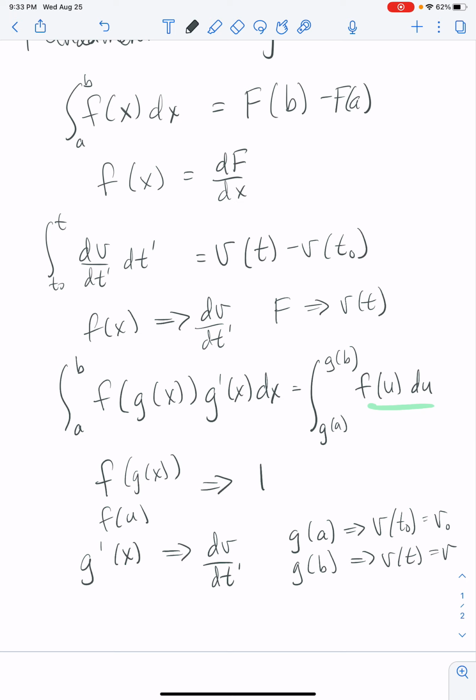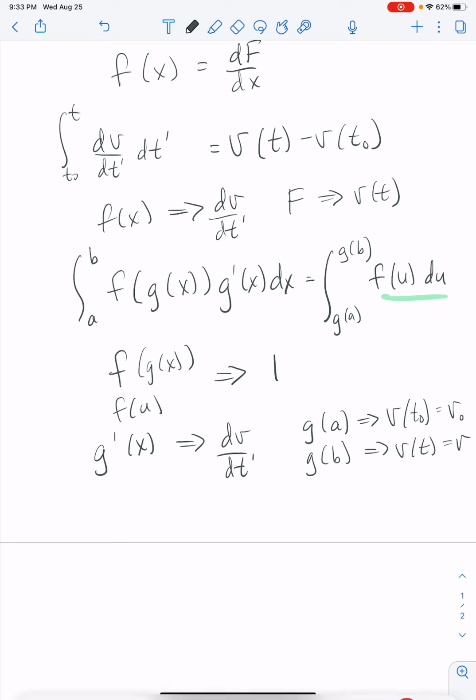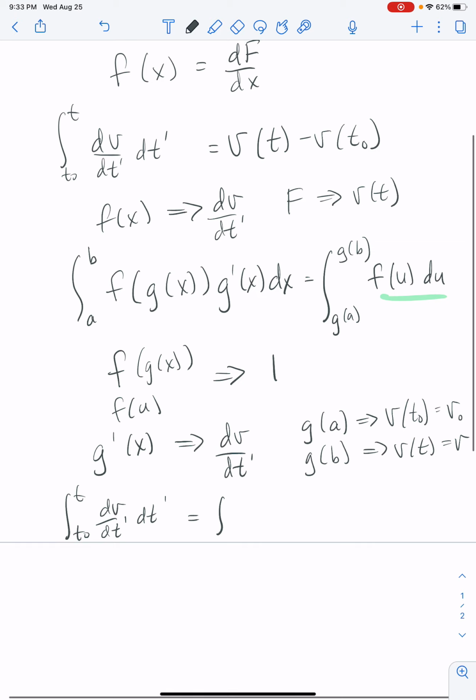And so by doing this substitution, we went from the integral from t naught to t of dv/dt' equal to the integral from v naught to v of dv'. This was just the integral of 1, which was v minus v naught, okay?